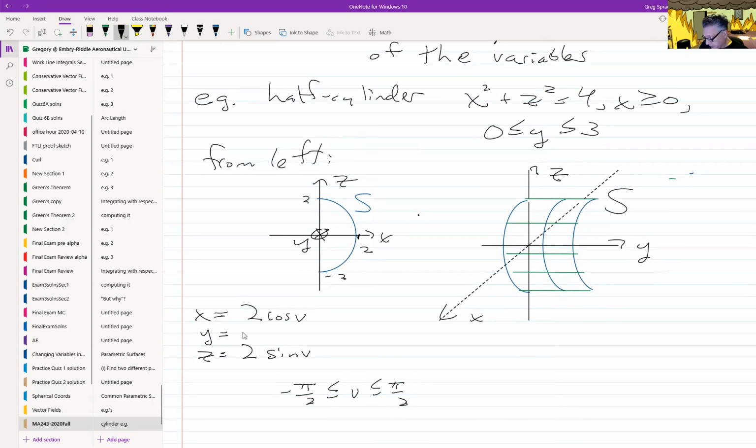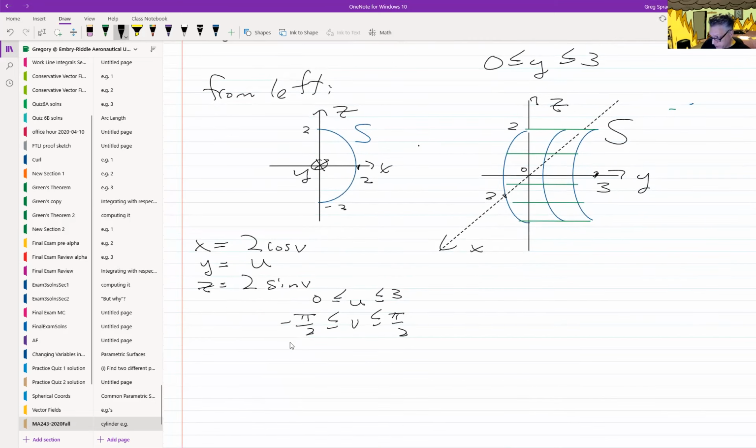Now this part can be a little tricky the first couple of times you do it. So y can be between 0 and 3. And y doesn't depend on x or z at all. So I'll just set y equal to the other parameter, u. If you want, you can just call it y, but I like to stick with u and v.